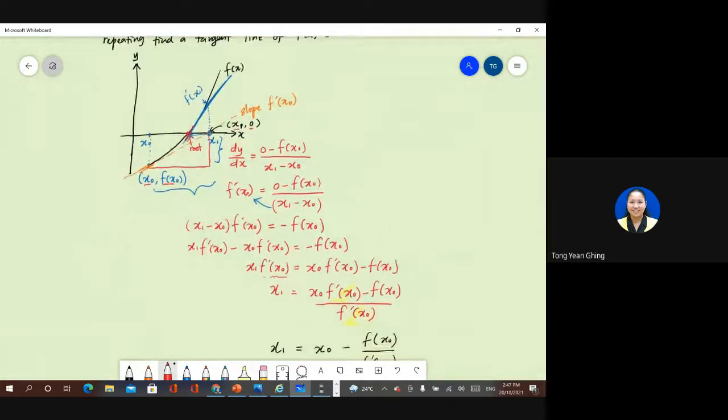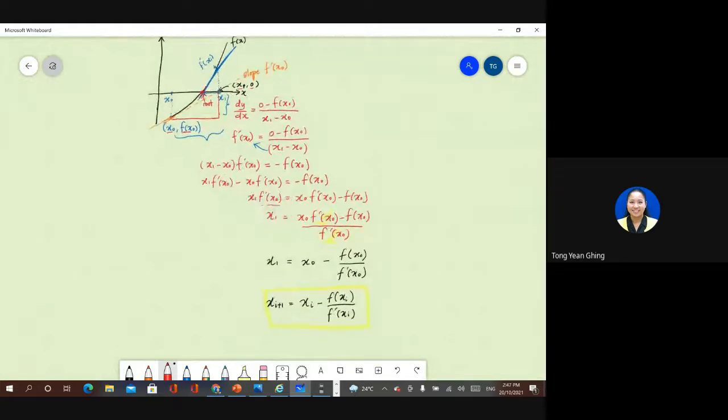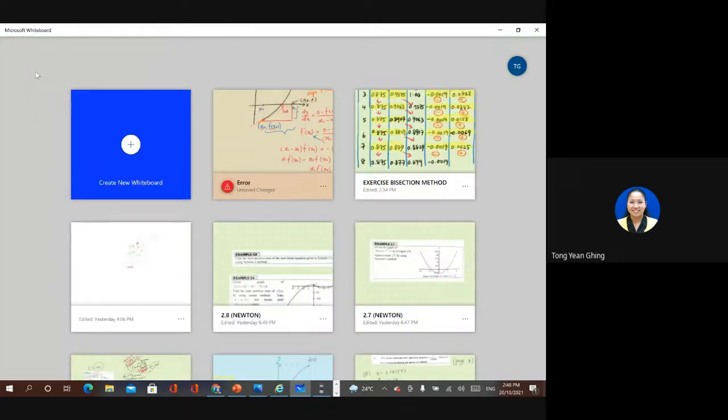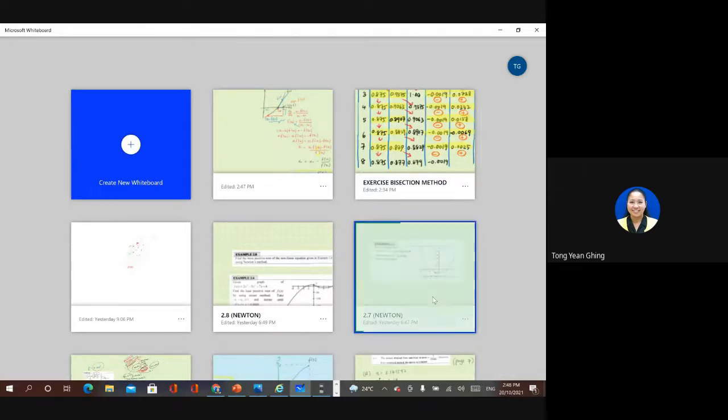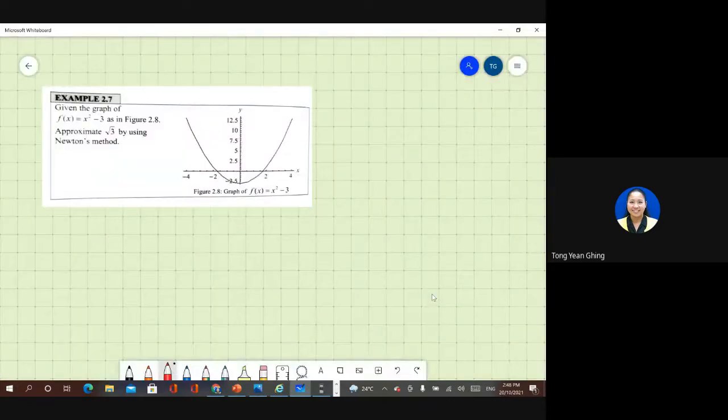Okay, so we do the example. Okay, so this is a formula. Okay, so let's do the example. This one, 2.7. Example 2.7, if you look at your book, it will be page 18.